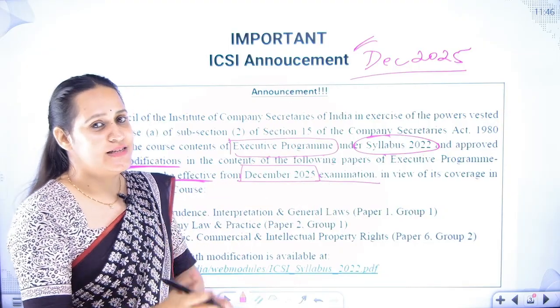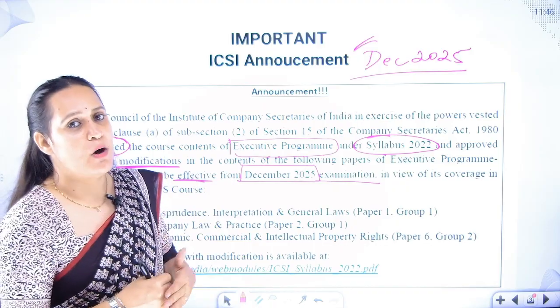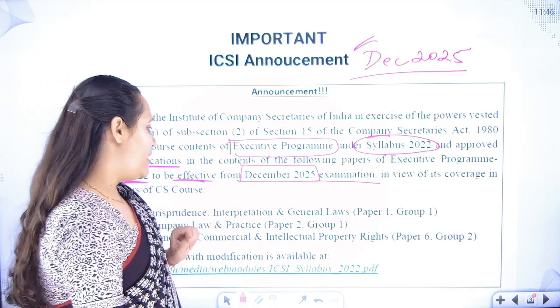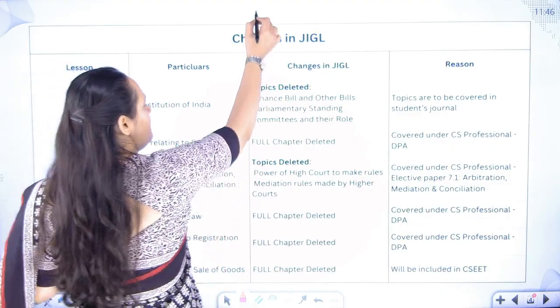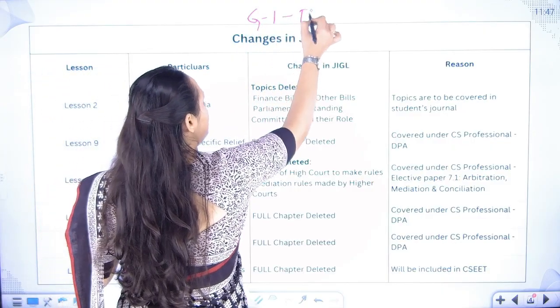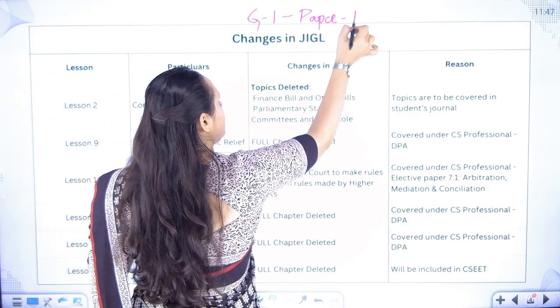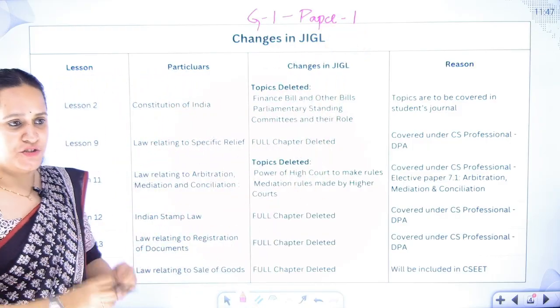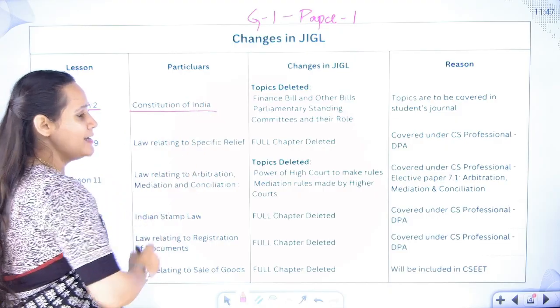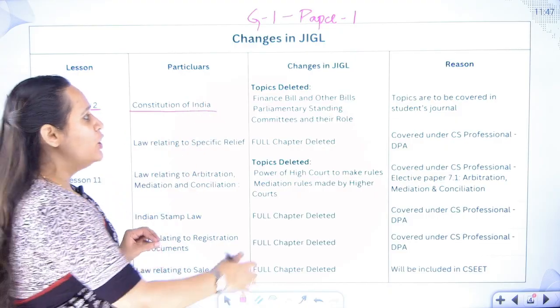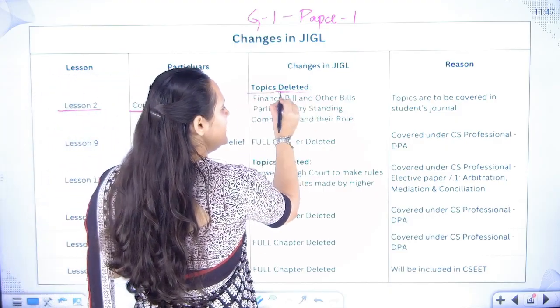So first, let's see what are the changes that have been brought about in the 3 subjects that have been mentioned. First, changes in JIGL, which is a part of Group 1, Paper 1. What are the changes? First one, lesson number 2, Constitution of India is the chapter. In that, a few topics they have deleted.